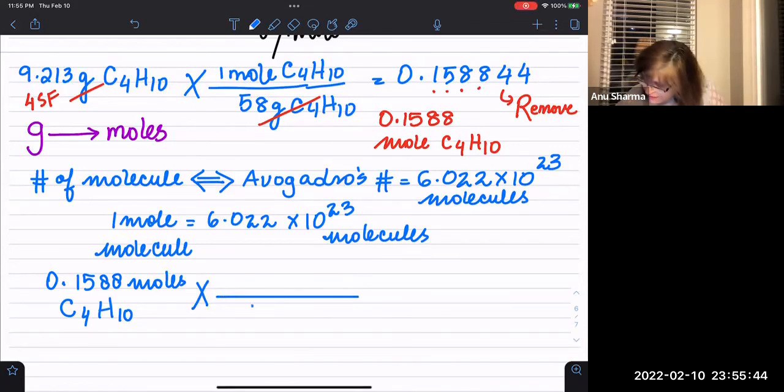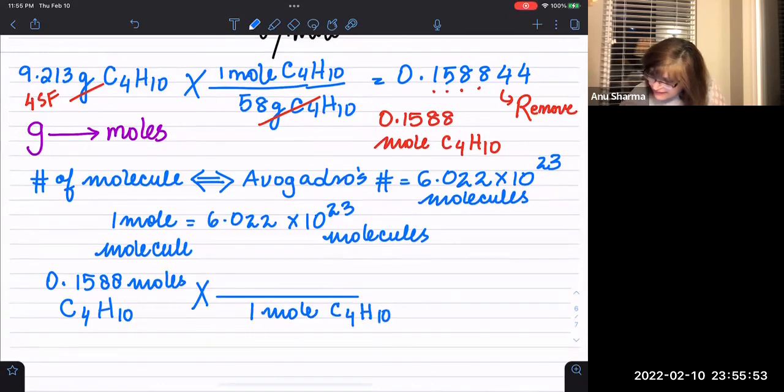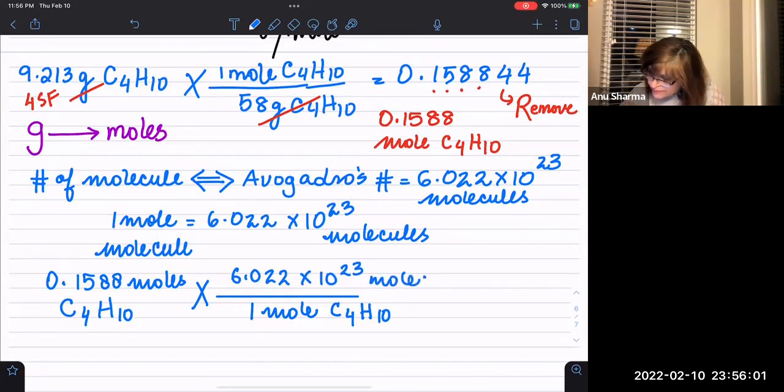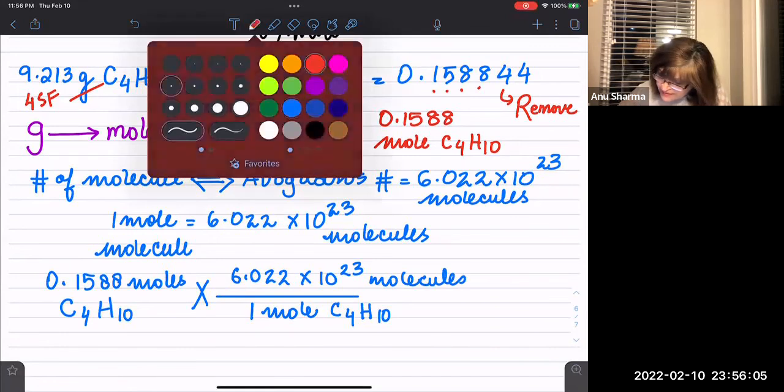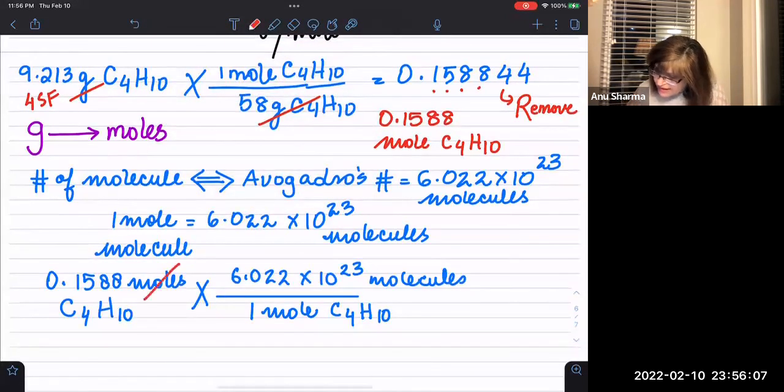1 mole of C4H10 contains 6.022 times 10 to the power 23 molecules. We see here that the moles and the moles of C4H10 cancel out.